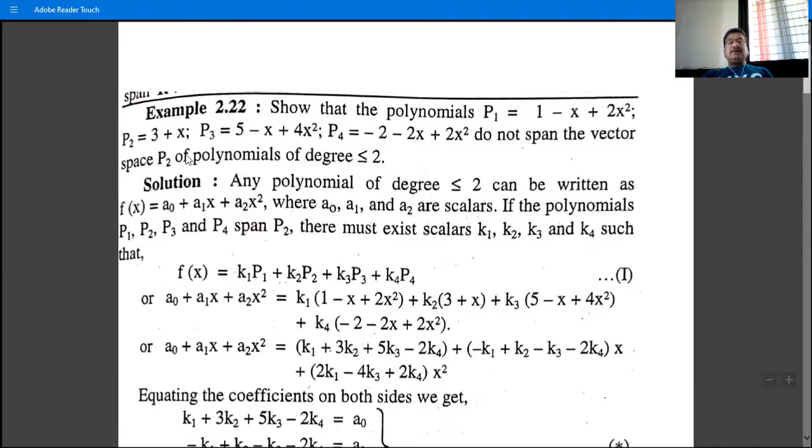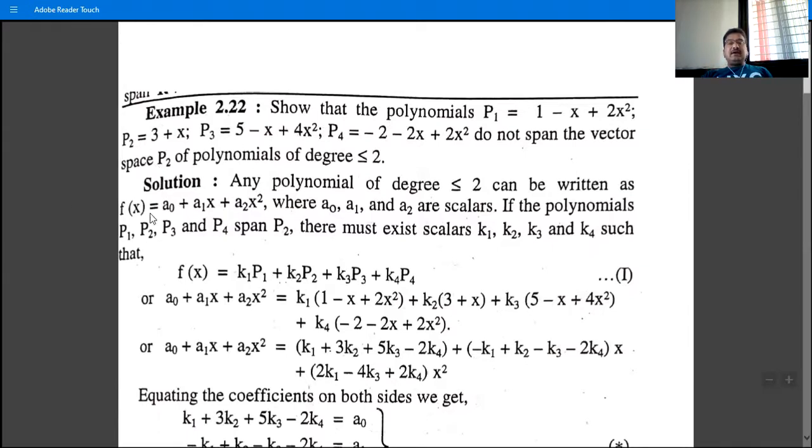So we have to show that every vector of P2 is not expressed as a linear combination of these.